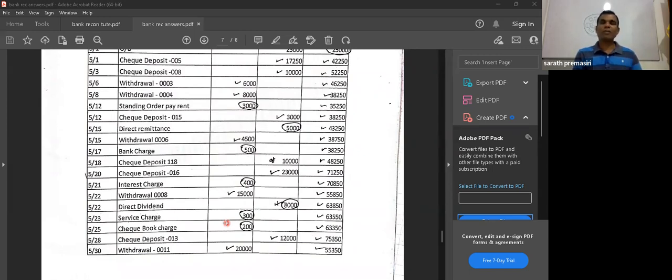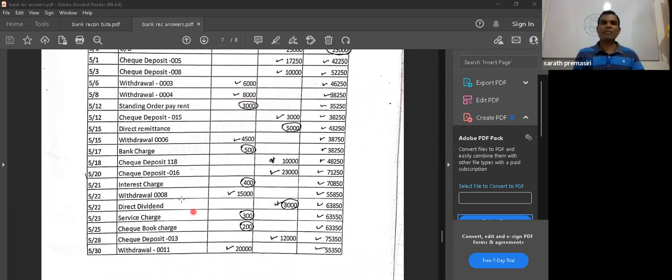They are not available in the cash payment journal, so they can be named as unrecorded payments, unrecorded deductions or unrecorded values.